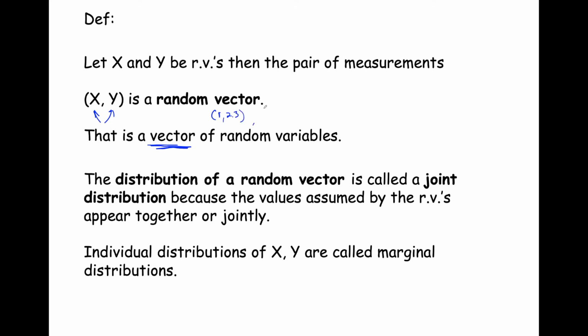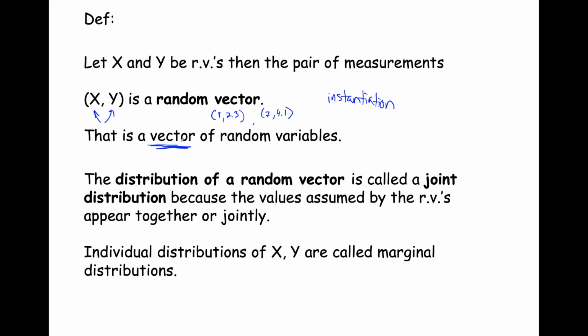You could have a value of X is equal to 7 and Y is equal to 4.1, for example. And so when we talk about the distribution for this random vector, we're now talking about the probabilities associated with all possible values or instantiations that you can have for the positions, each position representing each measurement or outcome assigned to the random variable. So an instantiation of a so-called vector.